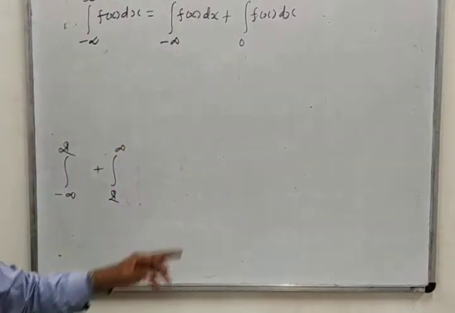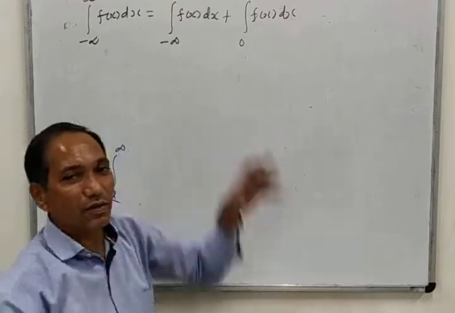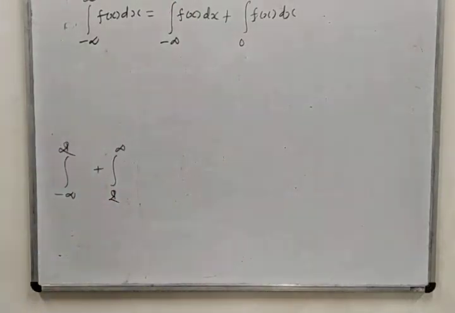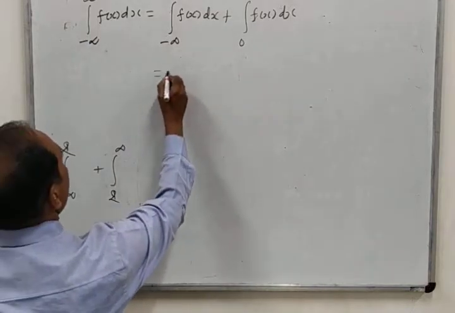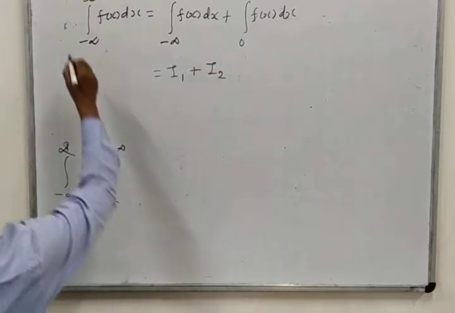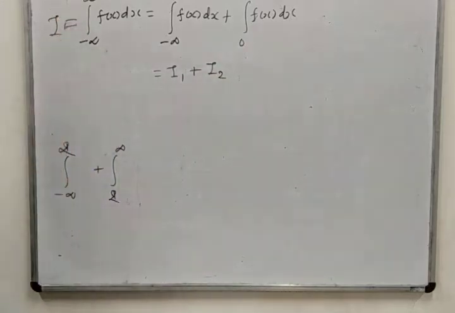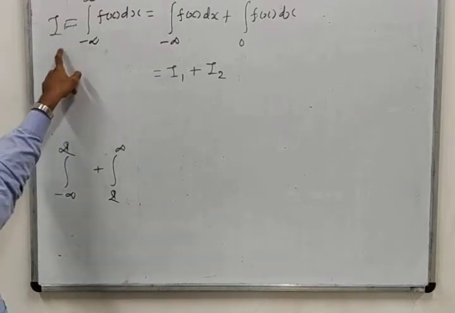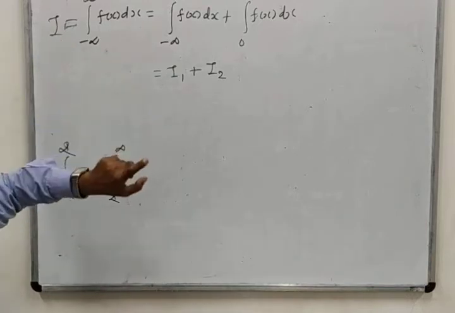Because after integration, if we put the value x equal to 0, then we can find the value very easily instead of assuming other kinds of numbers. So we will assume the first integration as I1 and the second as I2, and this is our main integration I. We want to check whether it is convergent or divergent.